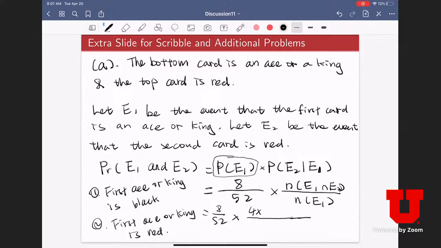And then the second card is a red card, which should be 26. So you have 4 times 26.